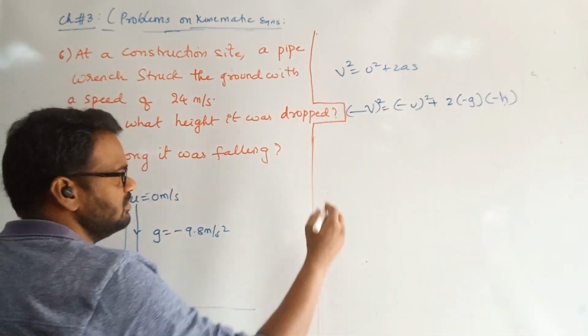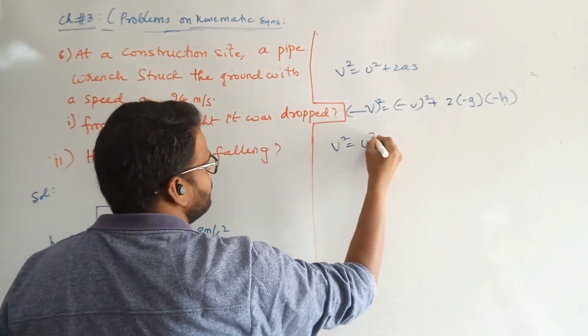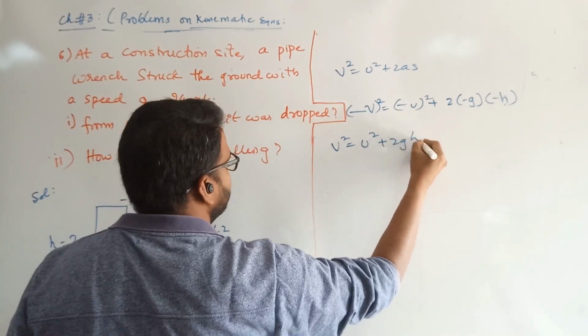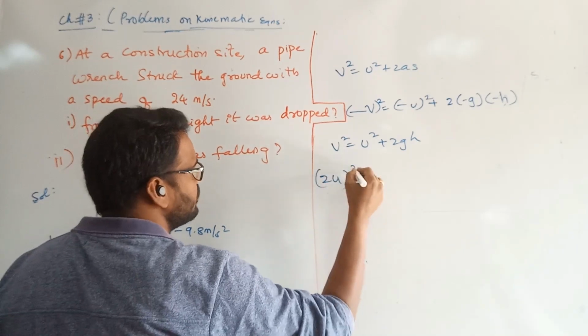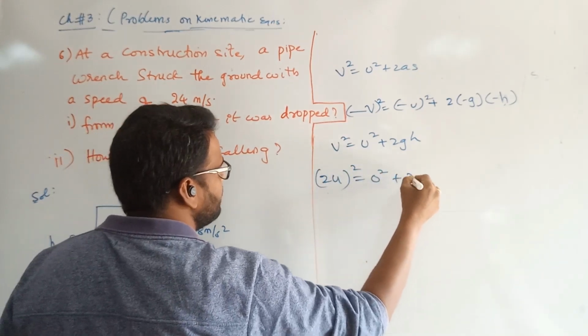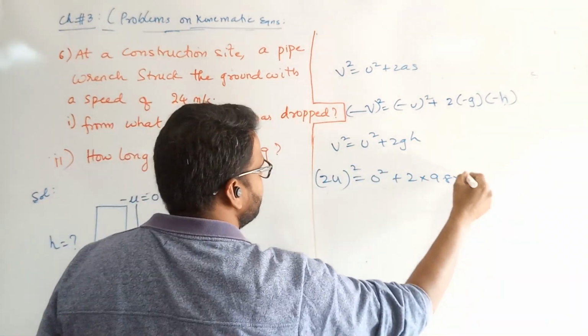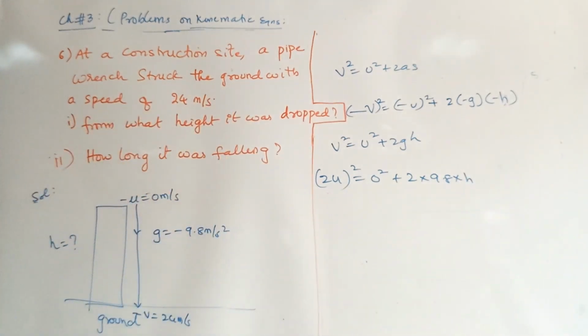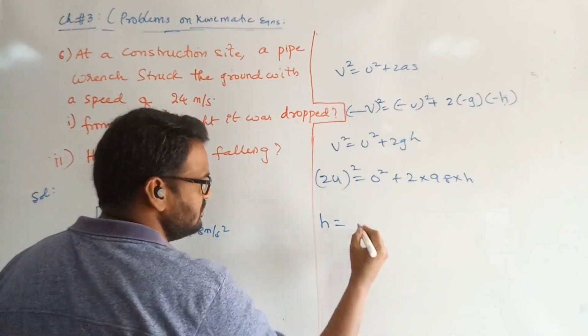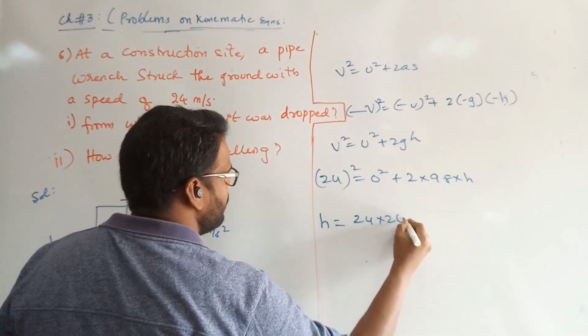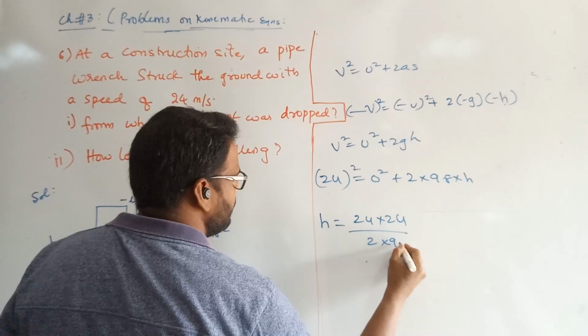Now simply solve this. V square equals U square plus 2GH. What is V square now? V square is 24 whole square equals 0 square plus 2 into G, which is 9.8 or 10, into H. So H equals 24 into 24 by 2 into 9.8.